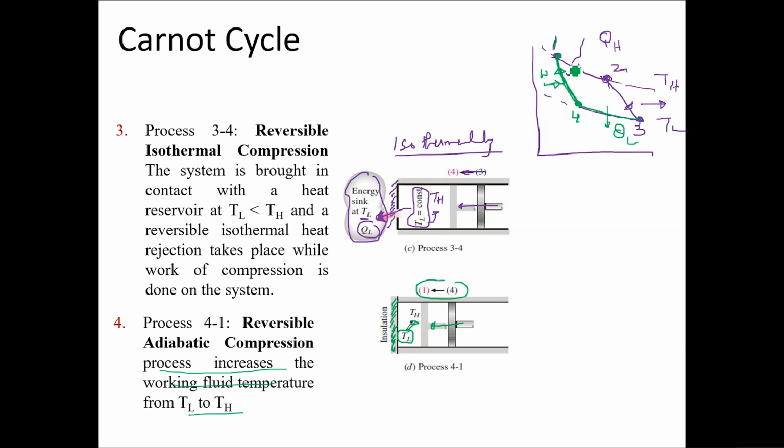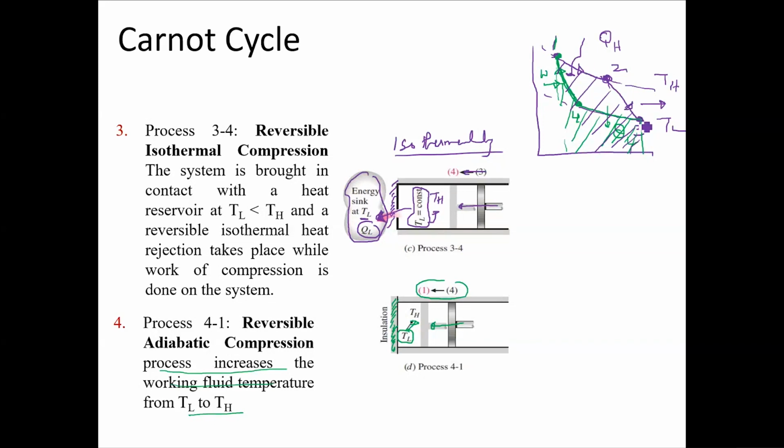Now, if you see, this is the portion where the work into the system is represented. The total area under the line 1, 2, 3 represents the work generated.